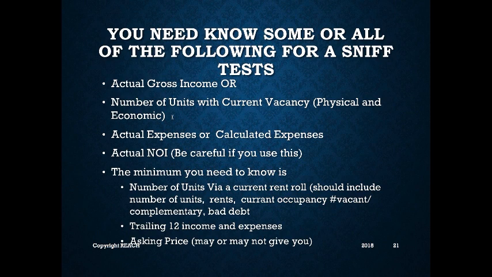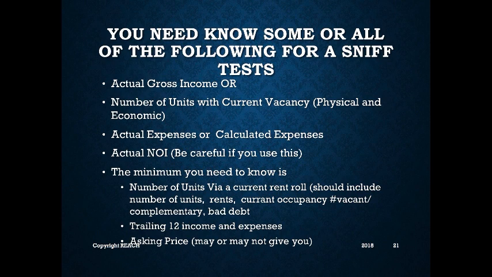Another point to be aware of, however, is if you're buying something that is 70% occupied, meaning it's 30% vacancy, then you're not going to add another 10%. You add something for economic, but it's already 30% vacant. So don't add another 10% in.